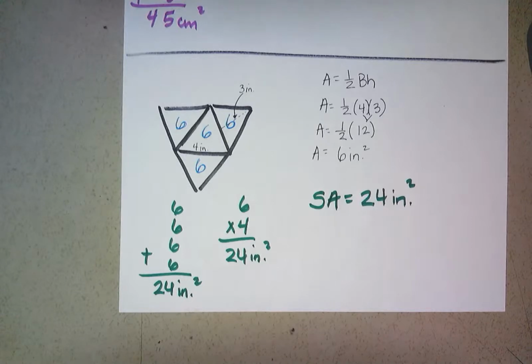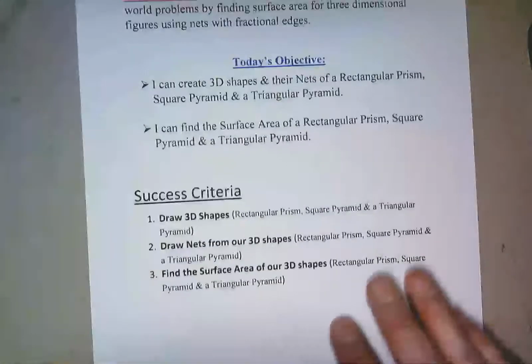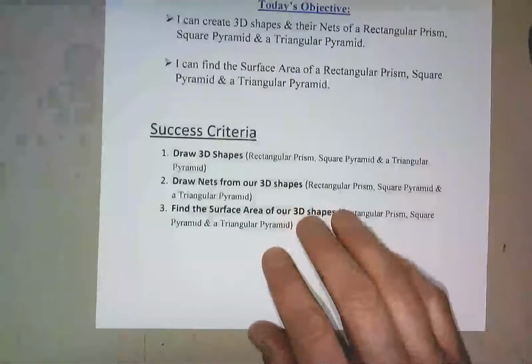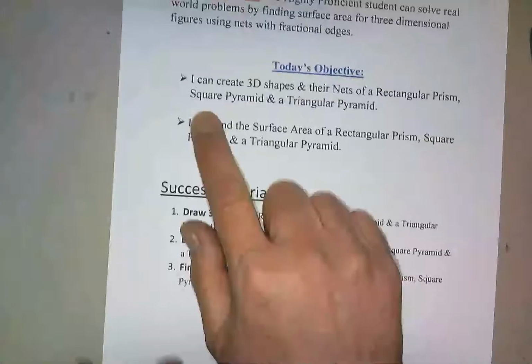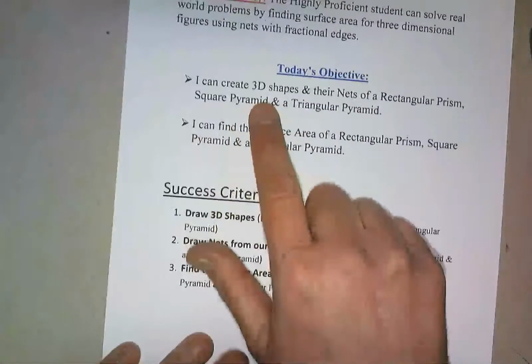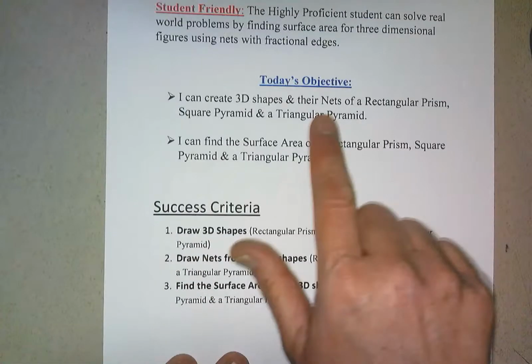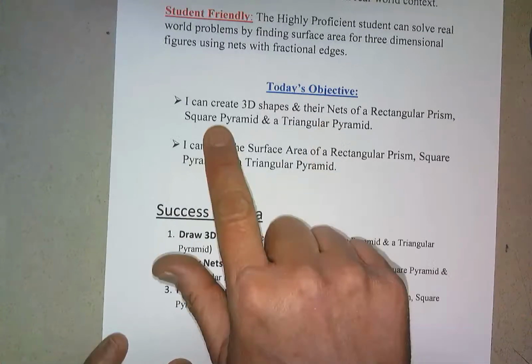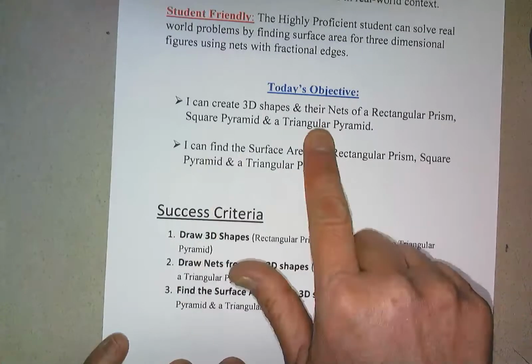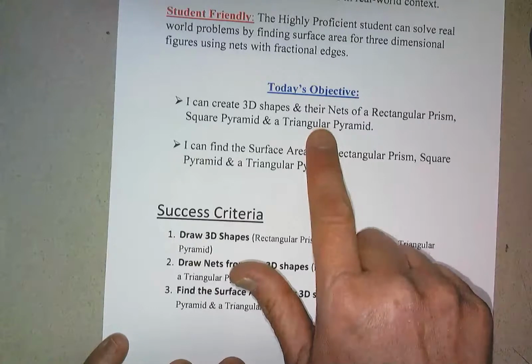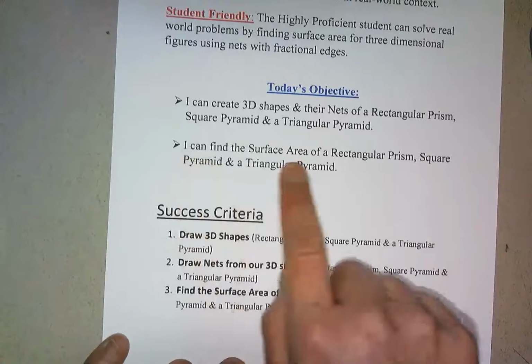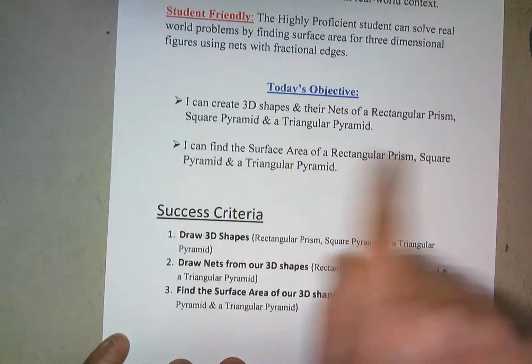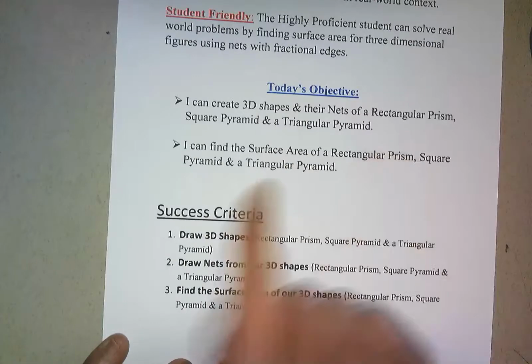So let's go take a look at our success criteria and see if we met them. So today's objective was that we can create 3D shapes and their nets of a rectangular prism, square pyramid, and a triangular pyramid. And we did. I can find the surface area of a rectangular prism, a square pyramid, and a triangular pyramid.